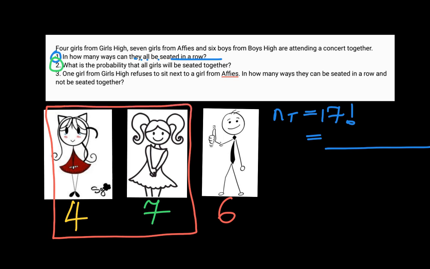So if I make all the girls a single block, how many objects inside the block do I have? Inside the block, I have 11 different objects, 11 different girls. I still have 6 boys. 1, 2, 3, 4, 5, 6. So those ones are my 6 boys from Boys High.